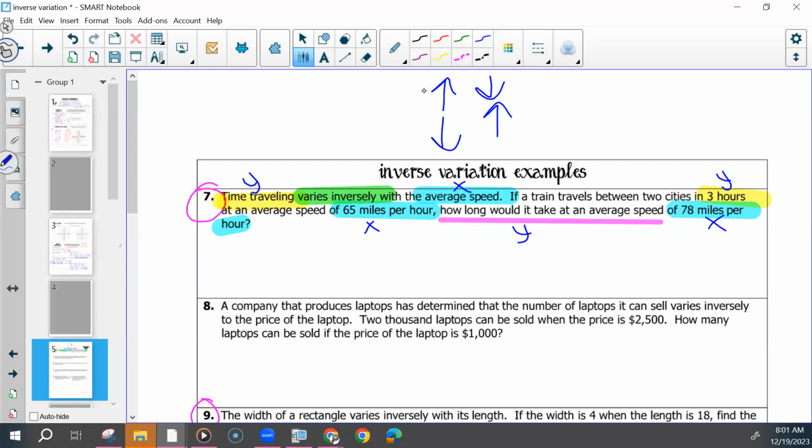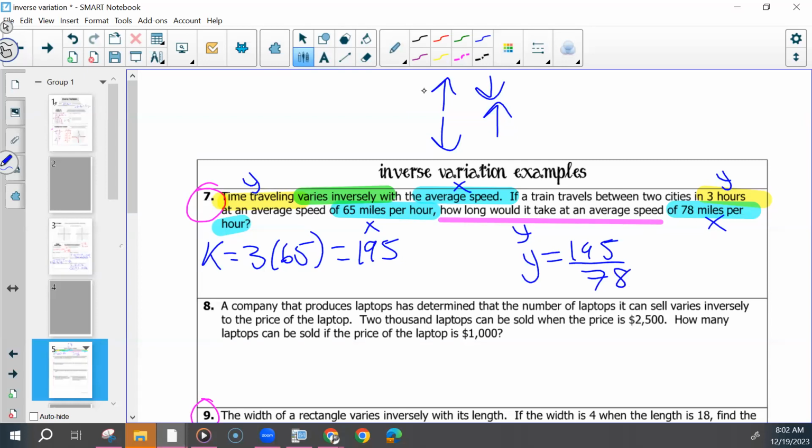Right, so then just like before, set this up just like we were just solving. Find k by multiplying what two numbers? 3 and 65. So that we get 195. y equals 195 divided by 78.